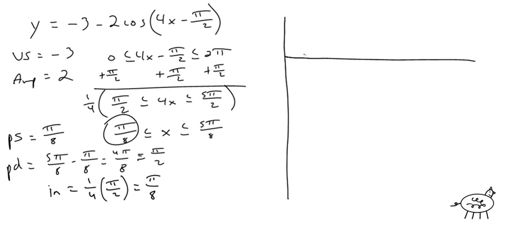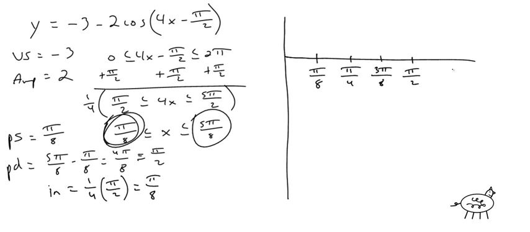So we start at pi over 8, right? This is our starting point right here, and this is our ending point. So we have pi over 8, 2 pi over 8, which is pi over 4, 3 pi over 8, 4 pi over 8, which is pi over 2, and 5 pi over 8, which is our ending point.